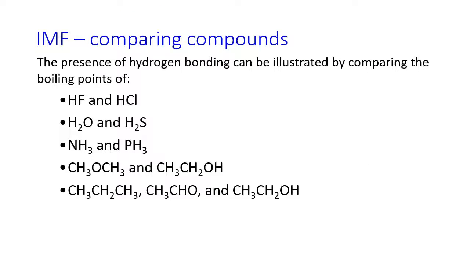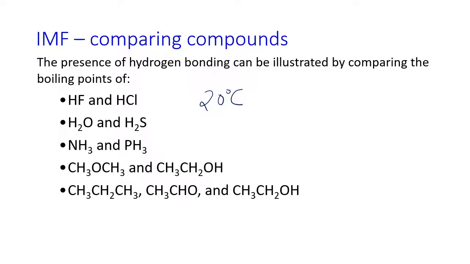To finish off our summary of intermolecular forces, let's compare compounds and see the strengths of the relative intermolecular forces acting on them. The presence of hydrogen bonding can be illustrated by comparing the boiling points of HF and HCl. HF has a boiling point of around 20 degrees Celsius.